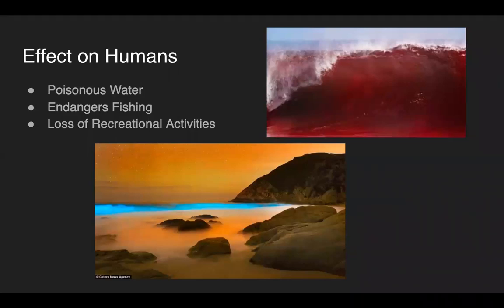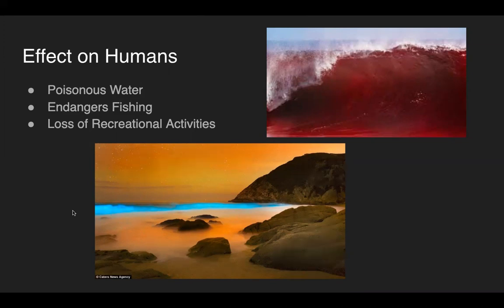Okay, next slide. Effects on humans. Firstly, poisonous water. The cyanobacteria, also referred to as dinoflagellates, which generates this red tide, as you can see in that right picture, release very powerful toxins, which create high poison levels in the water, even at very low concentrations.